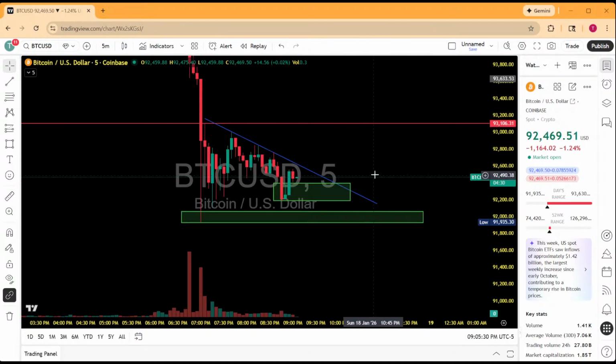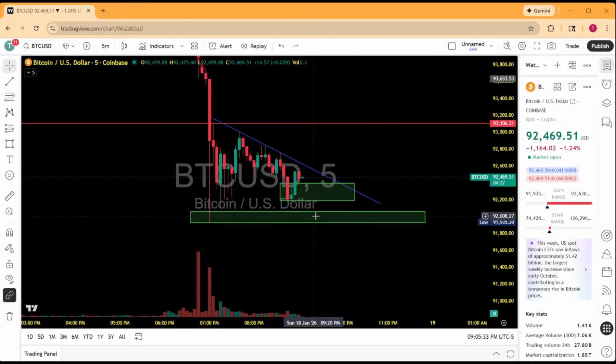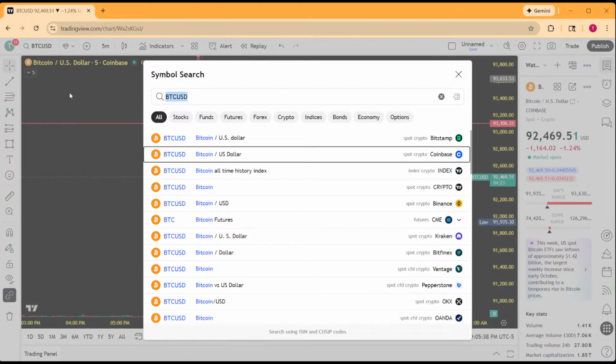All right. So this is where I would love to buy in the BTC, and the stop loss will be this 92,188. Now let's go back to gold.